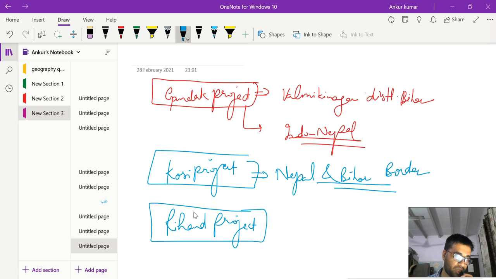Rihand project is on the Rihand River, which is the tributary of Son River, right? And it is situated on the Sonbhadra district of UP.